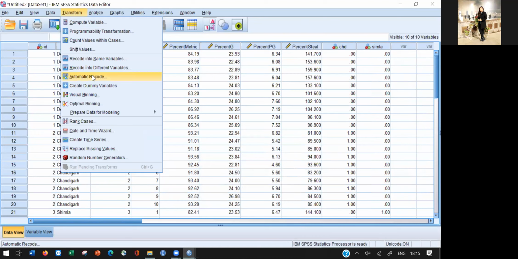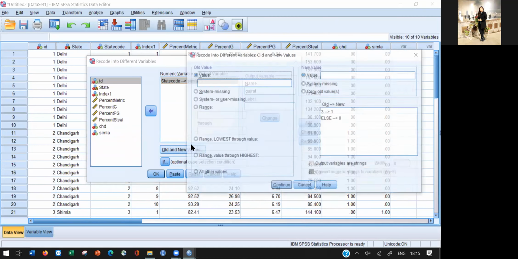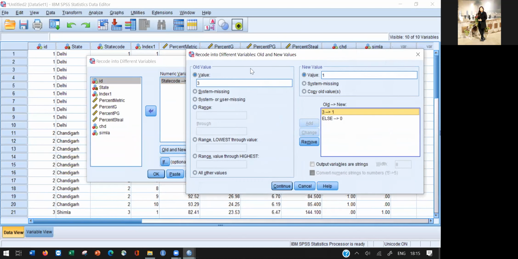Again, I'll transform. Now state code from Shimla would be Gujarat. My Gujarat is coded as 4. So I'll change the value 4 and the value associated with it with 1. And I'll change the variable and continue.